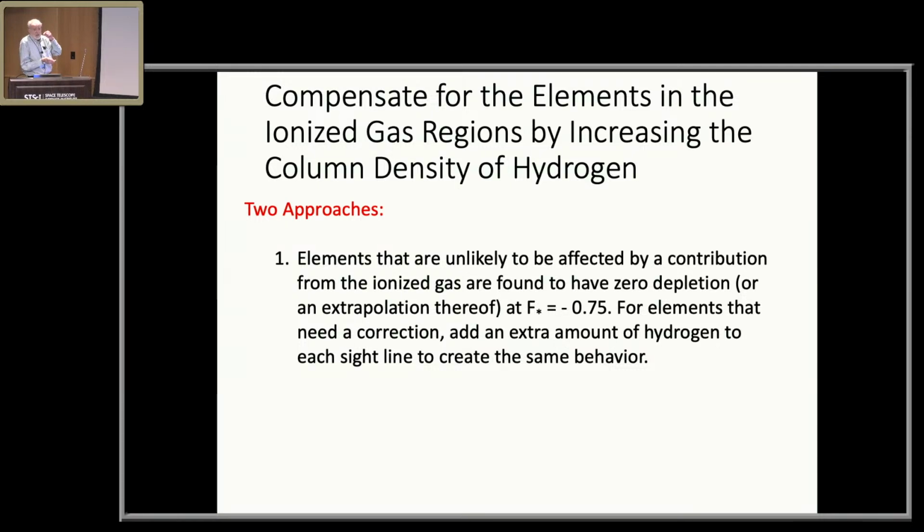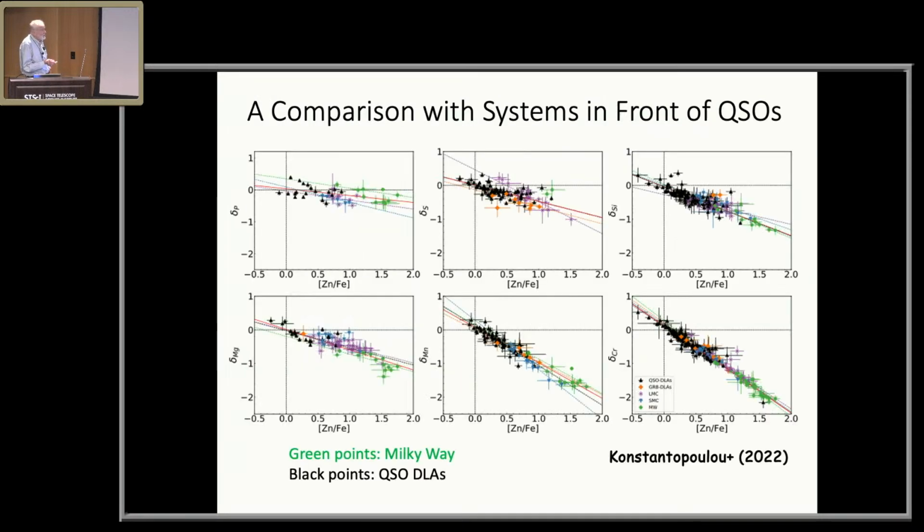Here you've got a sight line to a quasar that's penetrating some foreground galaxy. It's not very likely that you're going to be going through an H2 region. With the stars we're looking at in the Magellanic Clouds, you're always ending up in a star's H2 region. So if you look at the results, these are plots now using zinc to iron, but that's sort of equivalent to the F star parameter, the severity of depletion.